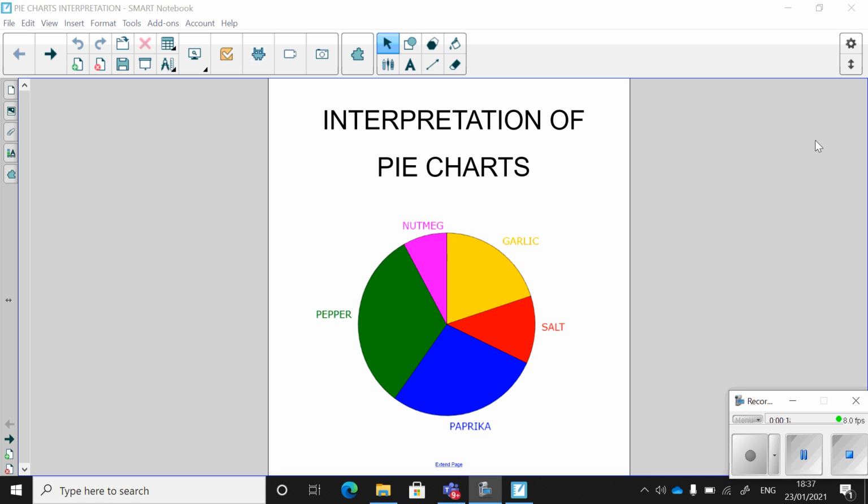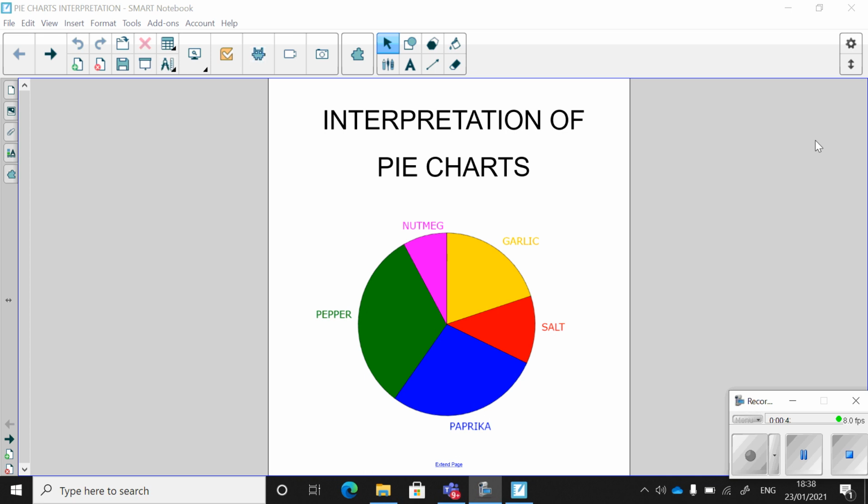And this one here, we don't have any specific values, but it looks like it's from my cupboard, and this looks like some of my spices or condiments, whatever you want to call them. Nutmeg, garlic, salt, paprika, pepper.